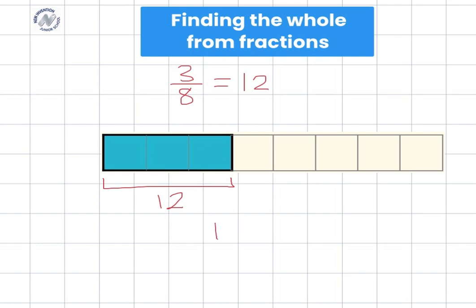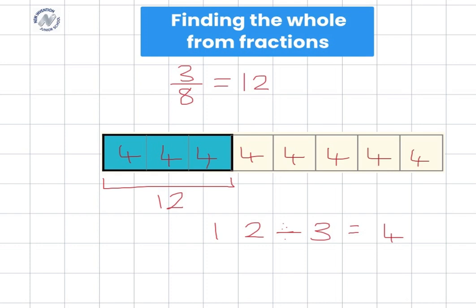So 12 divided by 3 is 4. So each one of those is worth 4. And again, because this whole piece is split into equal sections, every single one must be worth 4. Labelling is important.